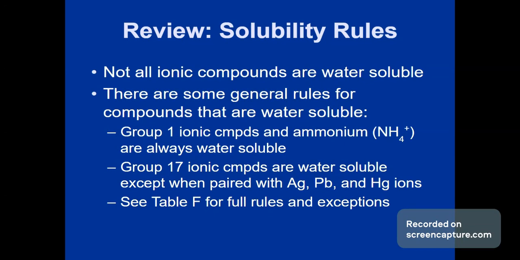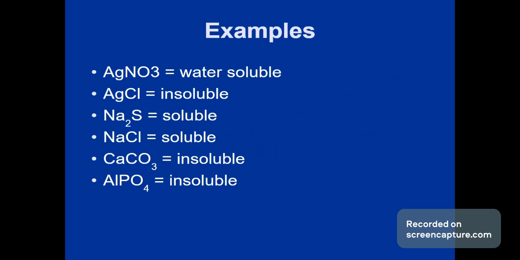Whereas group 17 ionic compounds, meaning compounds made with elements that form ionic compounds, are water soluble except for those with silver, lead, and mercury. Also, you can see table F, which is associated with the periodic table, and I'll actually get that table available to you all very soon for other rules and exceptions.